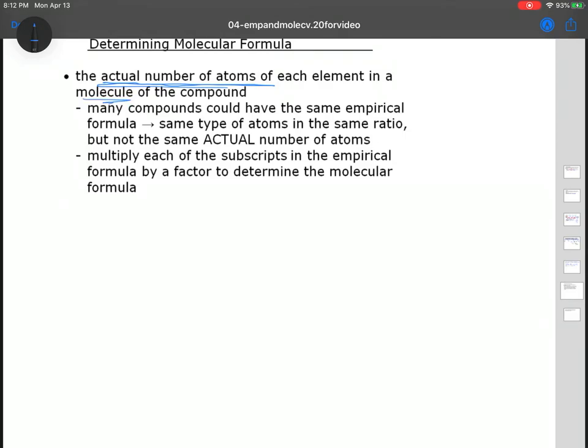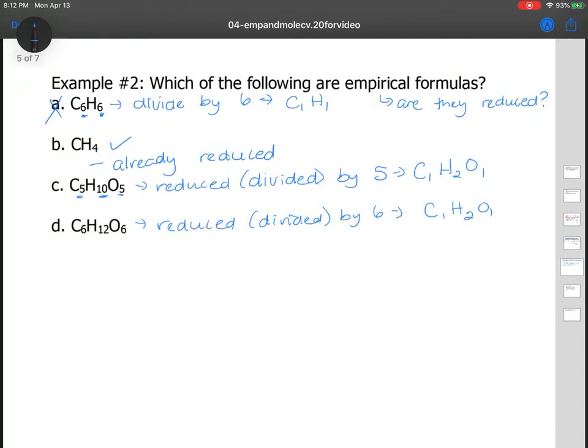So the molecular formula is the actual number of atoms in a molecule. So again, this is really reserved more for molecules, molecular compounds, as opposed to ionic. Okay, and what you're going to do, you need the empirical formula.